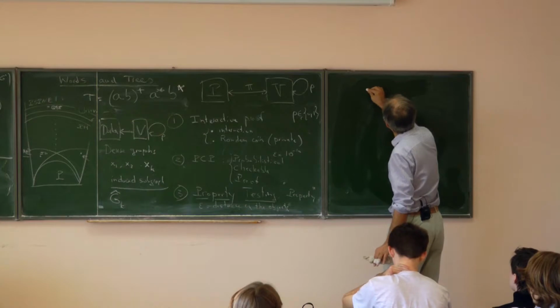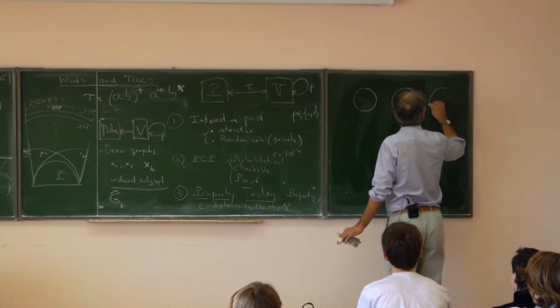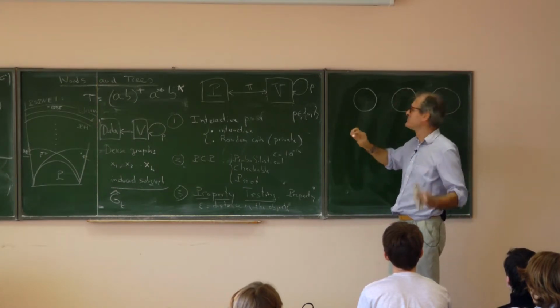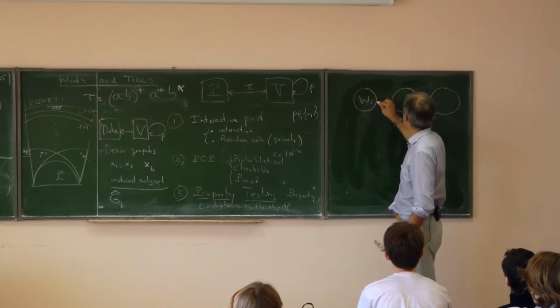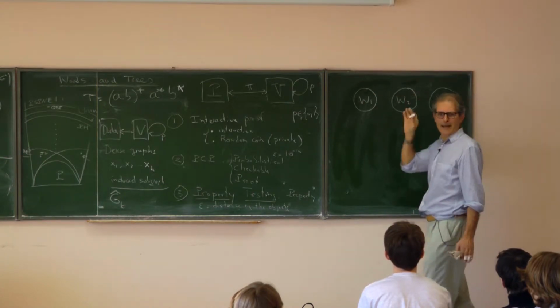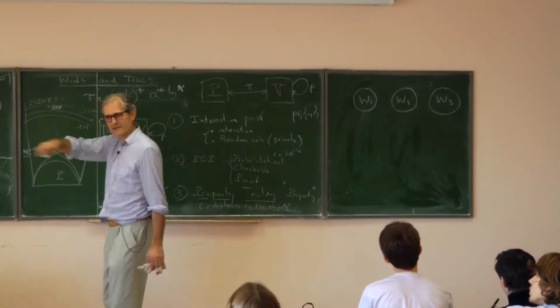Let's suppose I have 3 servers, and each one stores a big word. Here I store W1, here I store W2, W3. Each one is big, like 1 billion characters.